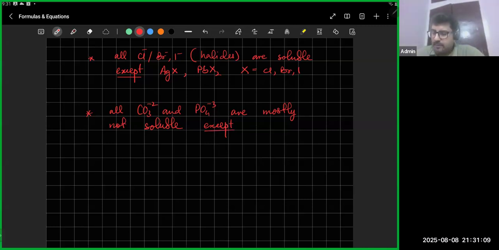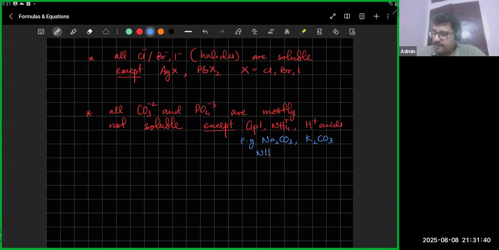the ones that we told were always soluble: group 1, NH4 plus 1 carbonates and phosphates, and your acids, right? The ones that have H plus 1 in them. As an example, sodium carbonate is soluble because it's a group 1 carbonate. Potassium carbonate is soluble.